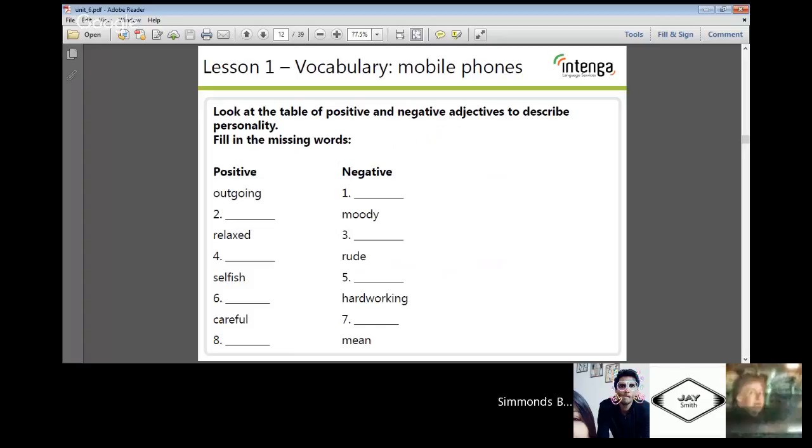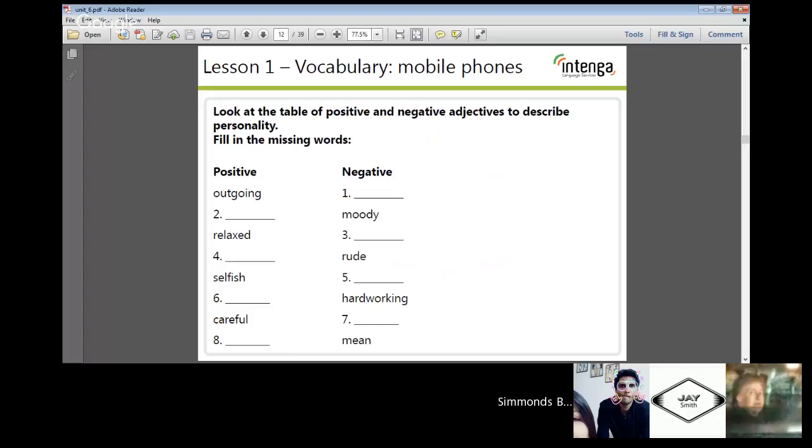Okay. Relaxed, irritable. Relaxed is positive and irritable is negative. That's true. Now, relaxed, I think, could be both, just because it depends on the degree of how relaxed someone is. If they're too relaxed, I think it might be negative. If they're slightly relaxed, I think that's positive. So I think some of these, like polite, for example, is positive because the opposite is impolite.